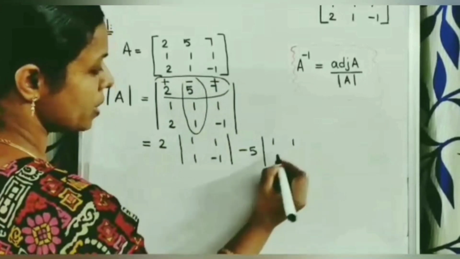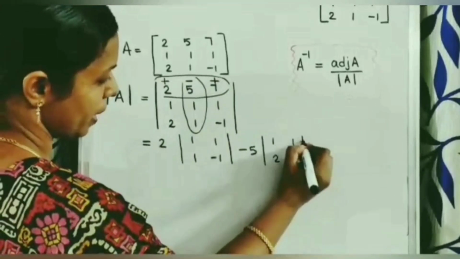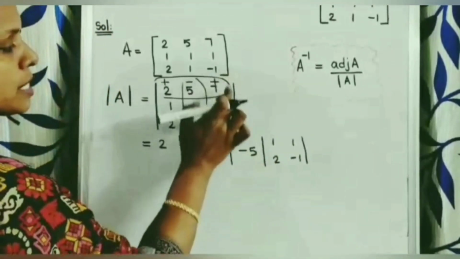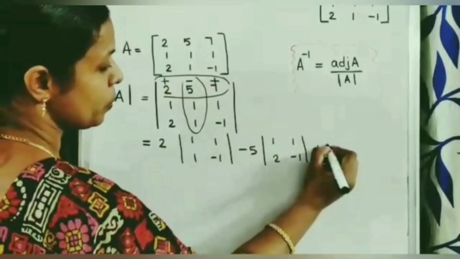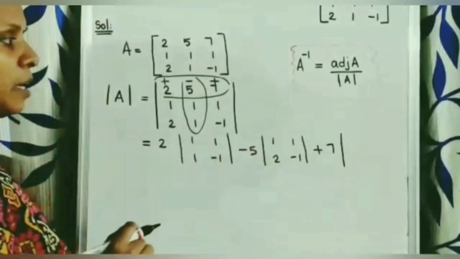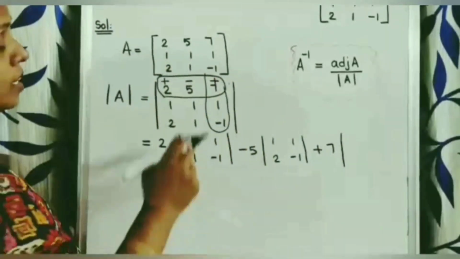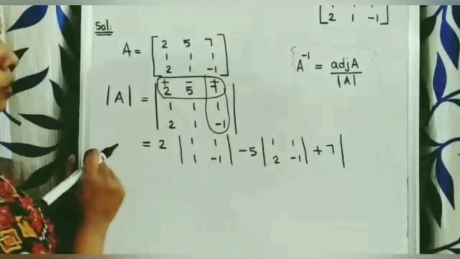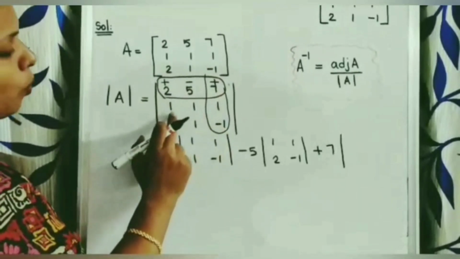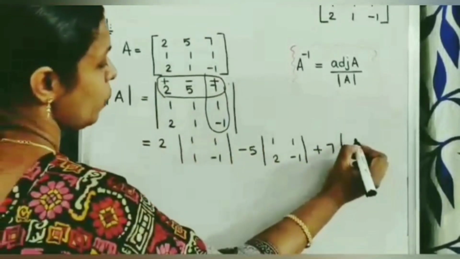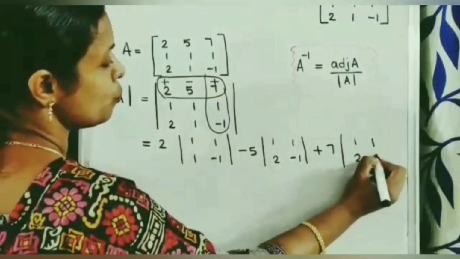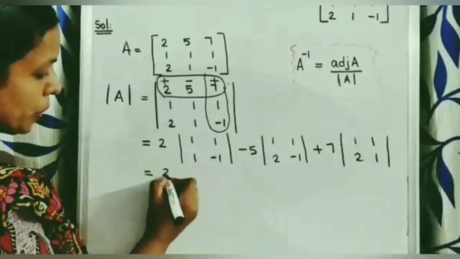Then the next element is positive 7, that is plus 7. Here we eliminate the third column and first row. Then the remaining elements are 1, 1, 2, 1.